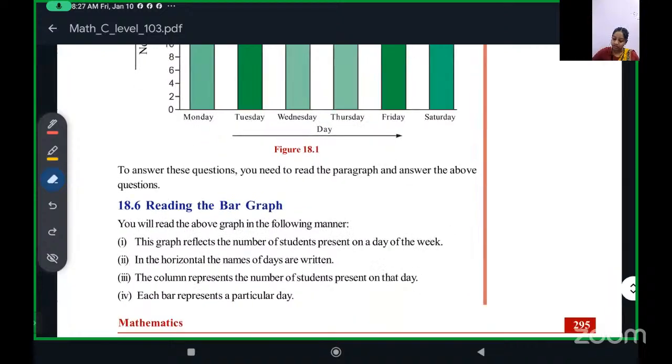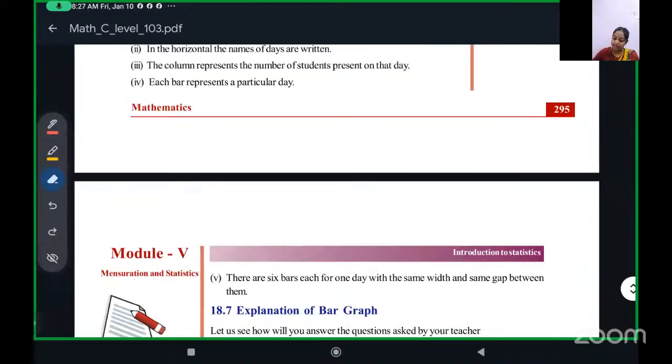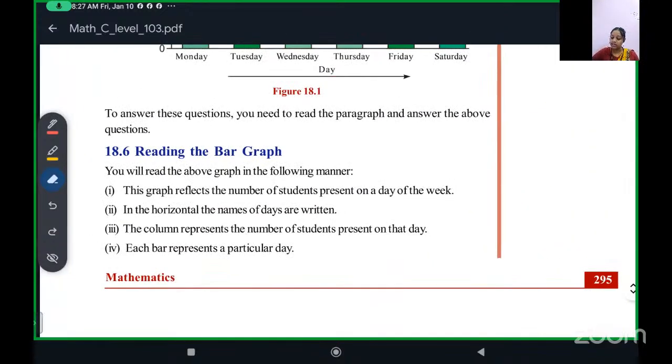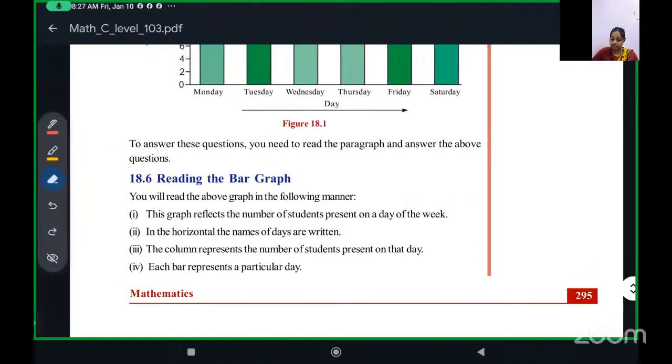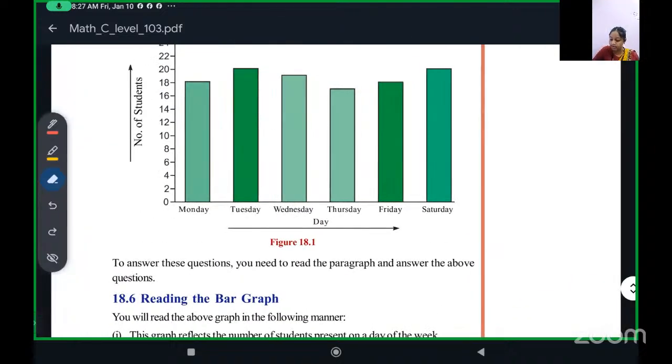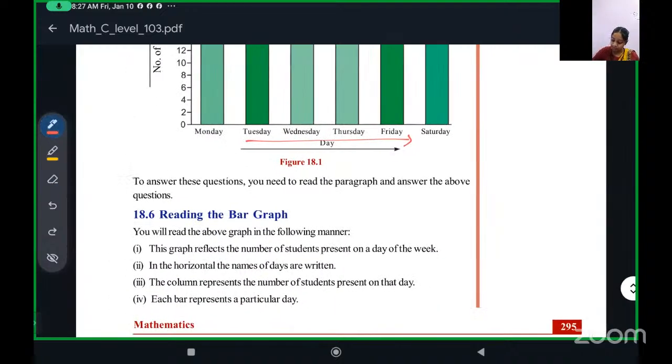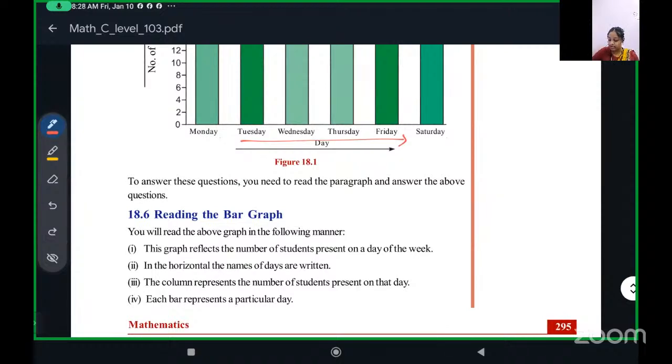Now, how do we read this bar graph? This graph that we just saw reflects the number of students present on the days of a week. In the horizontal, the names of the days are written, and the column represents the number of students present on that day.